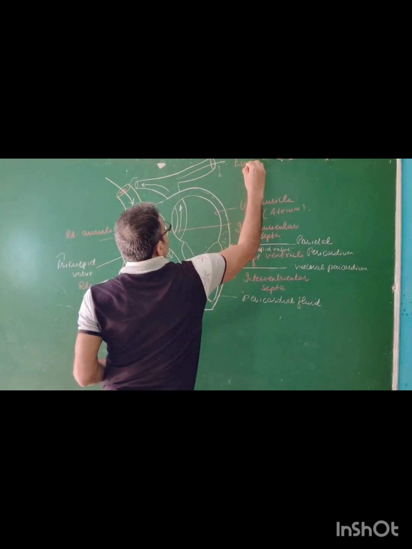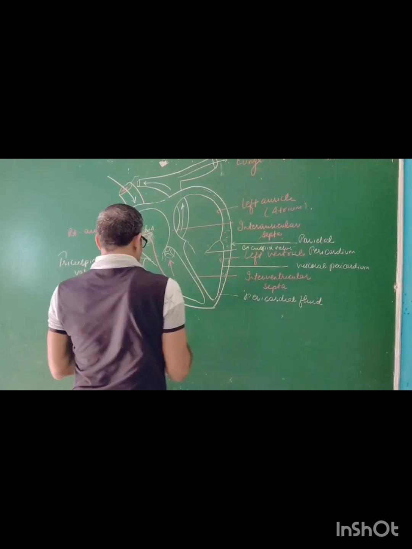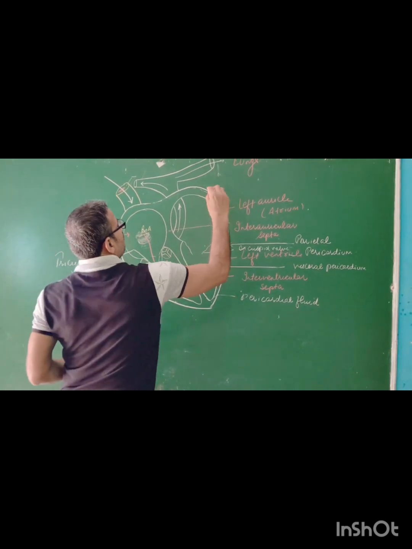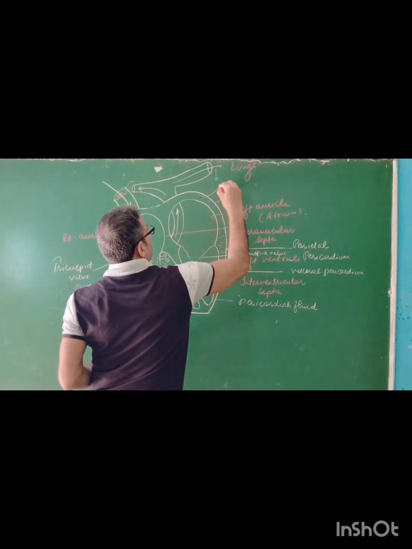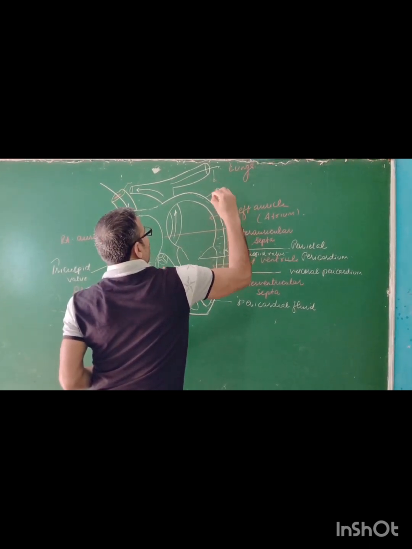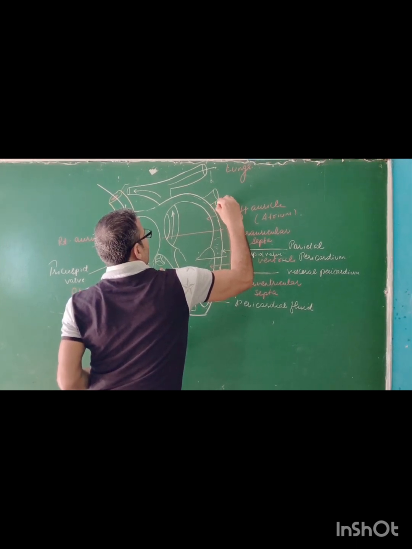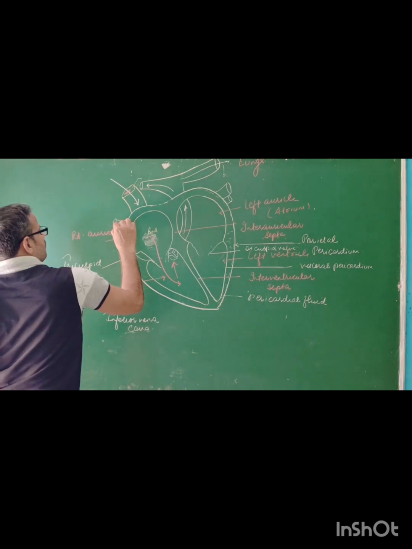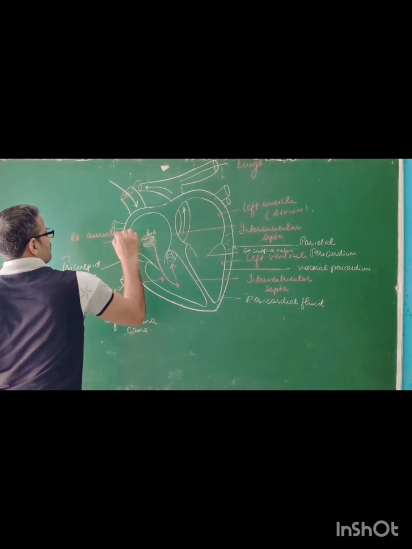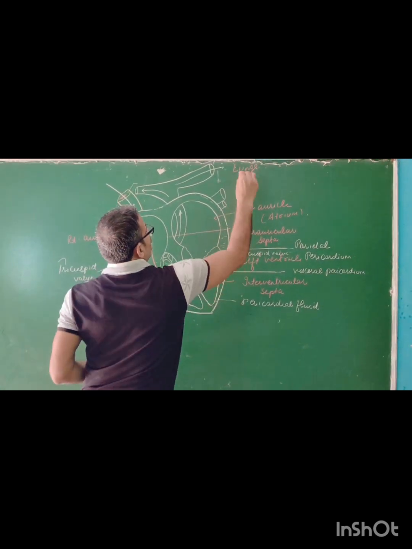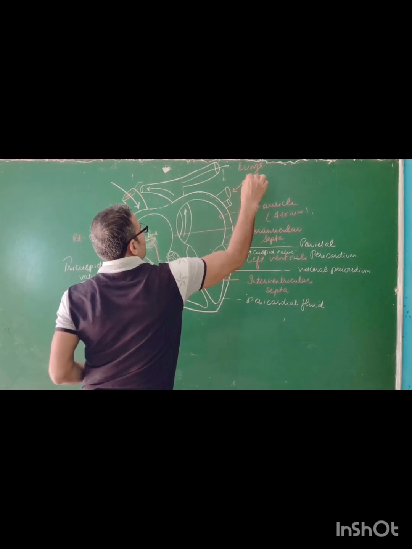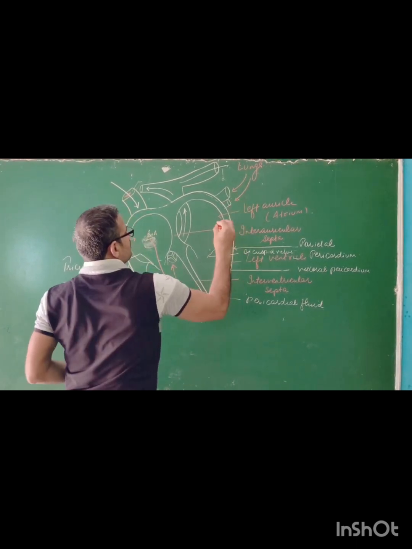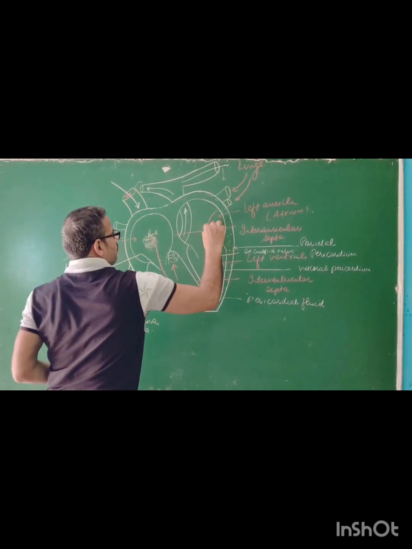Here present lungs. From the lungs, it gets purified, so it enters the pulmonary veins. These are pulmonary veins toward this side and that side. So blood which is purified enters the pulmonary veins and reaches the left auricle.